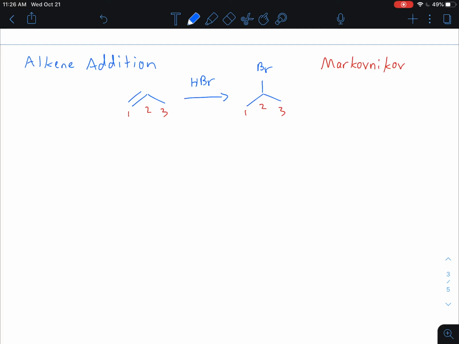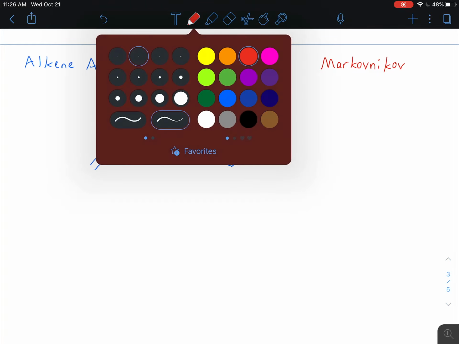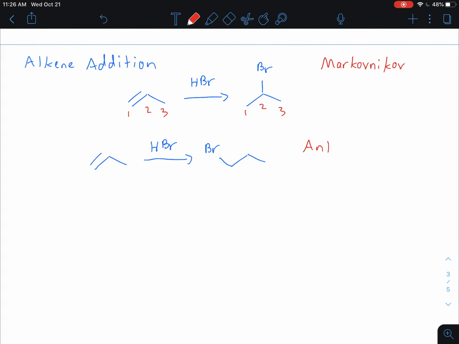So it turns out that at some point in time, someone did this reaction with HBr and somehow got the anti-Markovnikov product. This just happened one time, and I forget which scientist was actually doing this, but the results were very confusing.